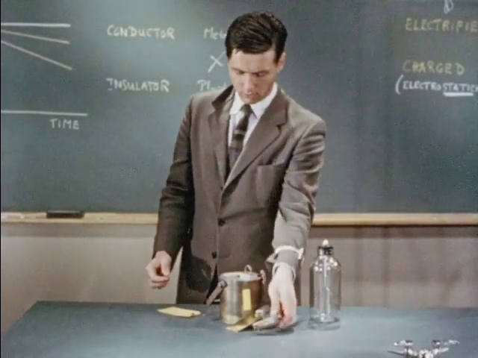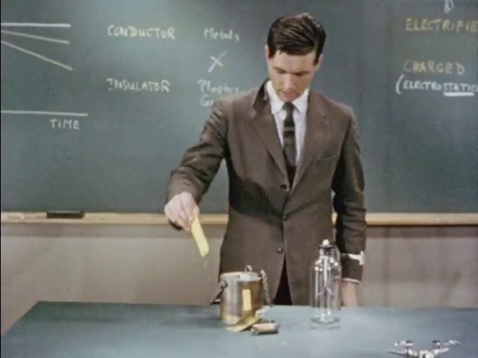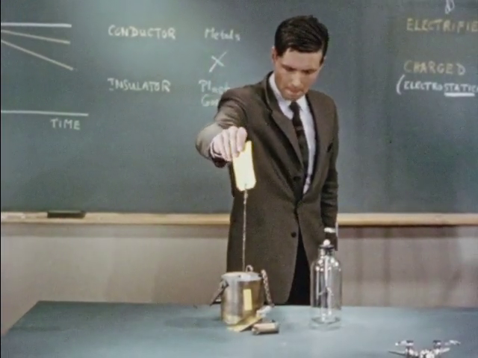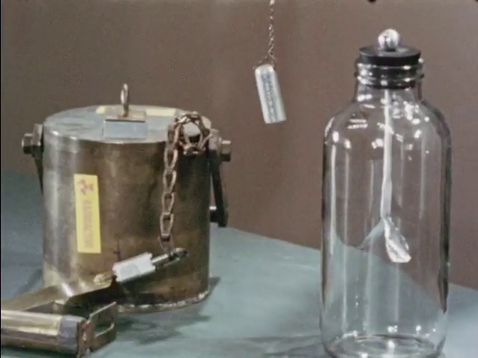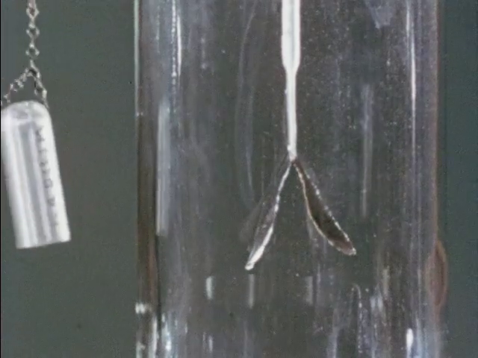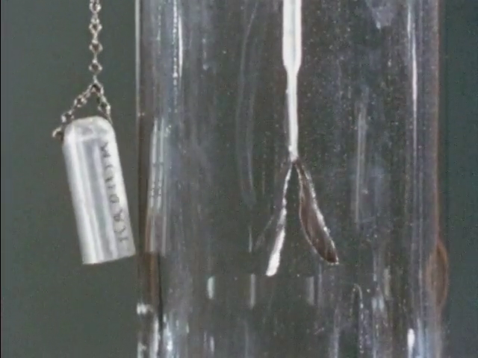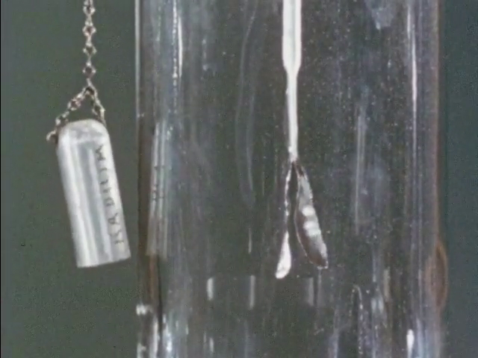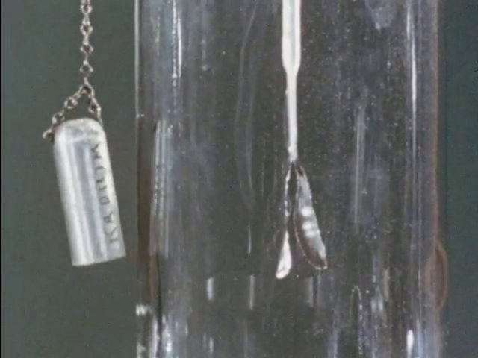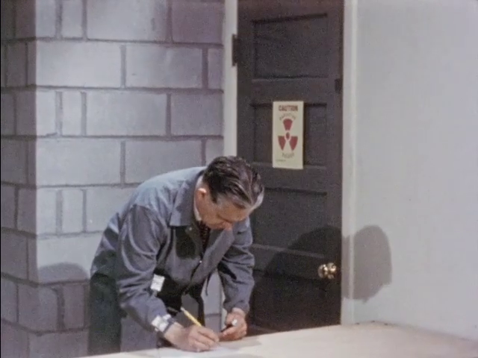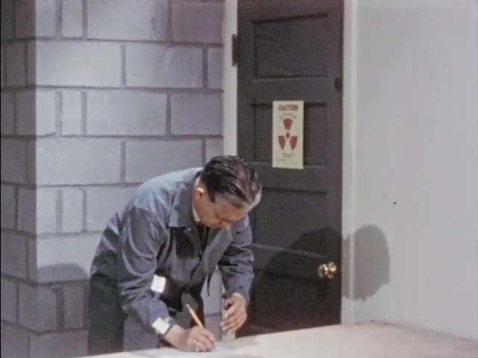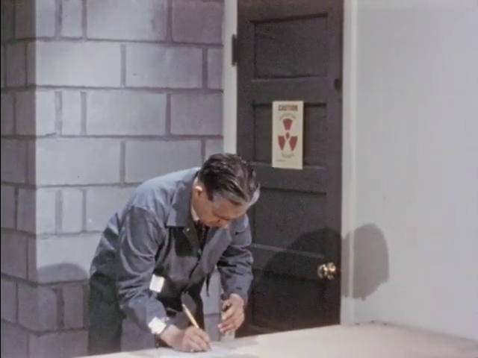Now, this isn't the sort of thing you fool around with. An electroscope is, therefore, a means of detecting such agents, and in various forms is carried by thousands of workers in atomic industries to check their exposure to dangerous radiation.